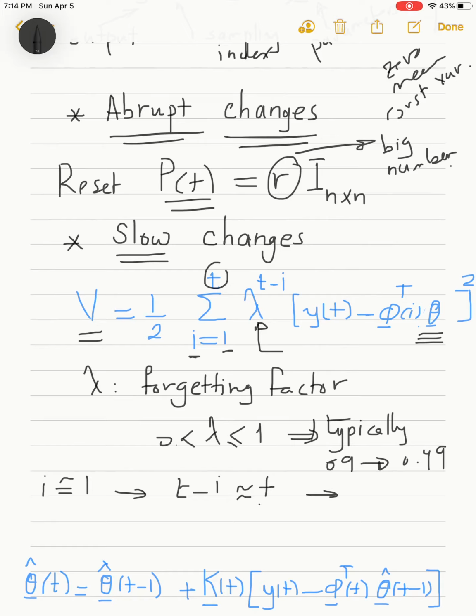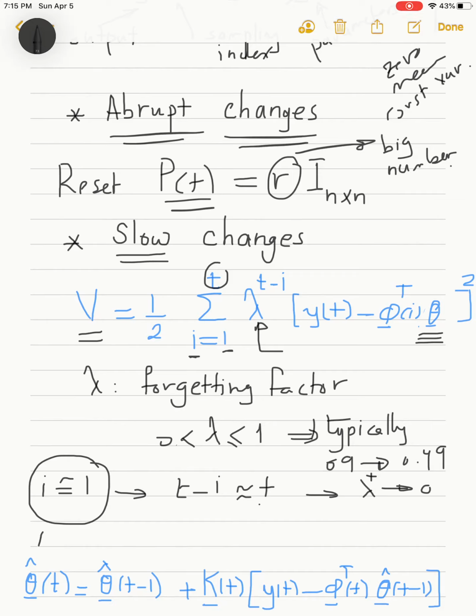So that means that lambda, which is a number between 0 and 1 to the power t, would be something that will go almost to 0. What does that mean? It means that the old measurements, which are around 1, so the early measurements, will be weighted by a very small number. So we are almost trying to forget the effect of these previous measurements on our performance index, and consequently the new estimates will not rely much on that history.